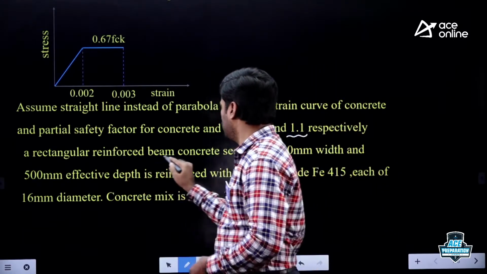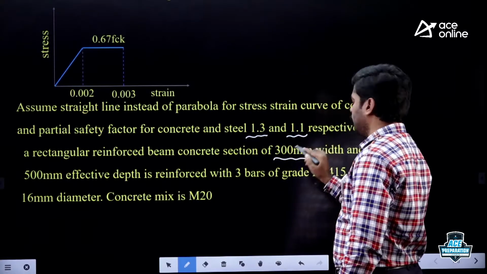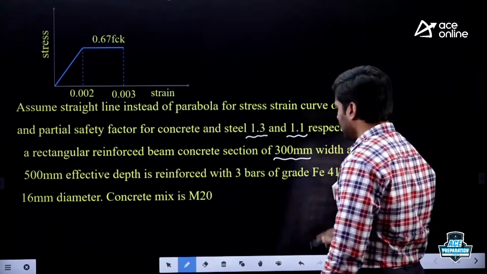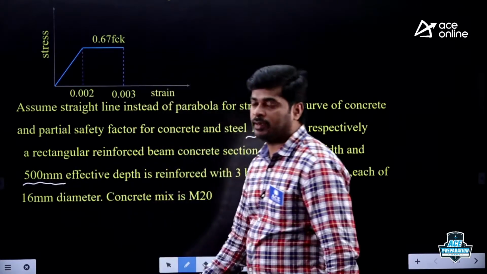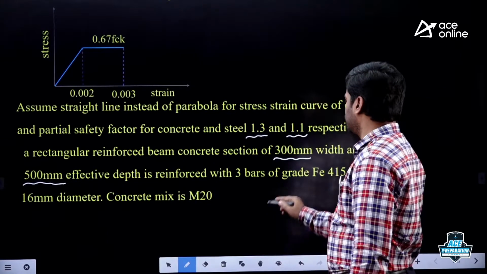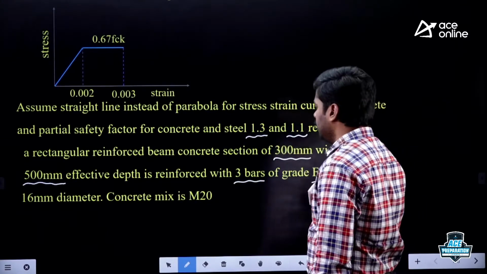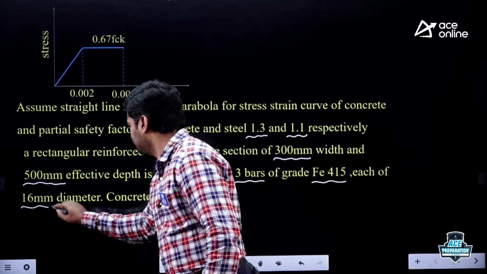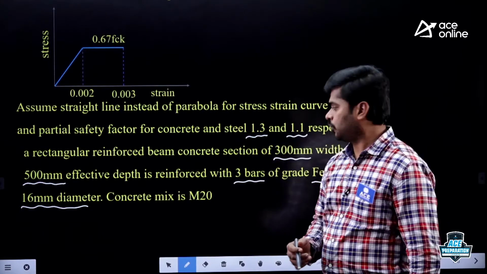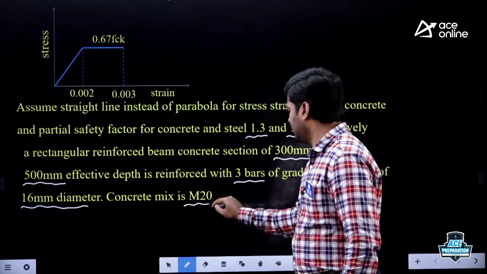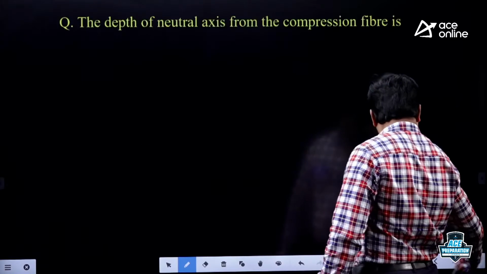A rectangular reinforced concrete beam section of 300 mm width and 500 mm effective depth is reinforced with 3 bars of 16 mm diameter with grade Fe415. Concrete mix is M20. What is the question?